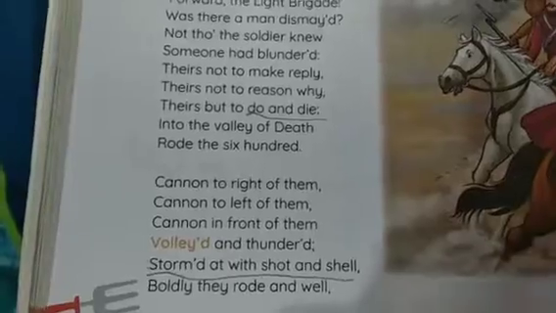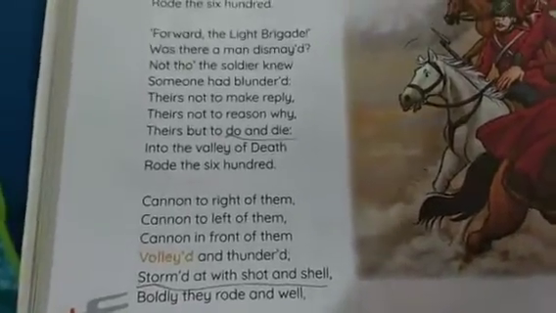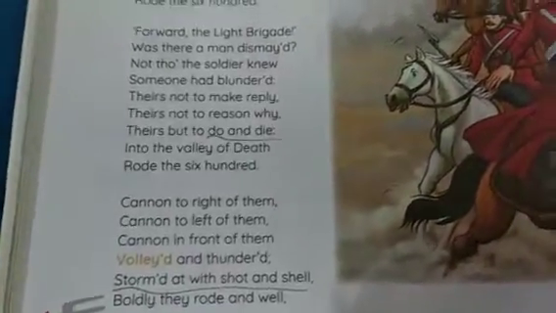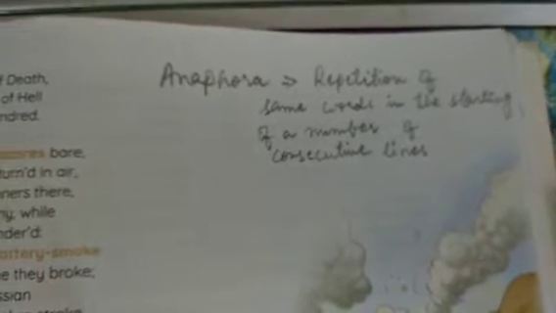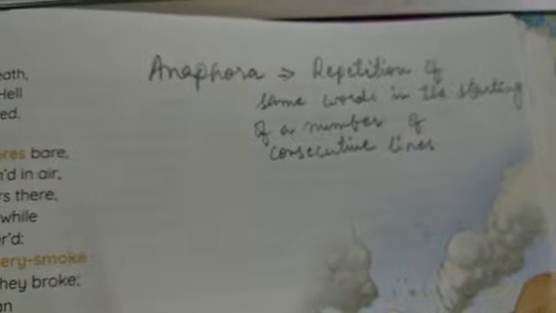Next we have a new poetic device used in this poem, which is called anaphora. Anaphora is repetition of the same words at the start of a number of consecutive lines. This is a new poetic device for you.